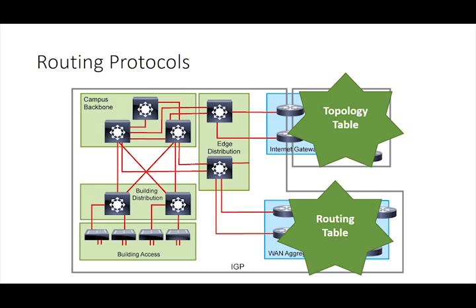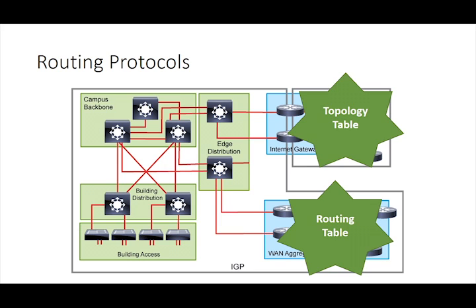Routing protocols can be grouped in many ways, such as if the protocol is an interior gateway protocol or an exterior gateway protocol. Interior gateway protocols are used within the organization and exchange routes within an autonomous system. Commonly used interior gateway protocols are EIGRP and OSPF, although you will sometimes find RIP as well.